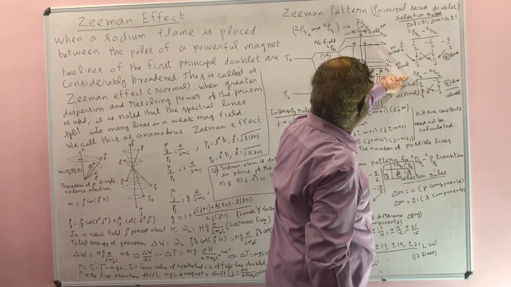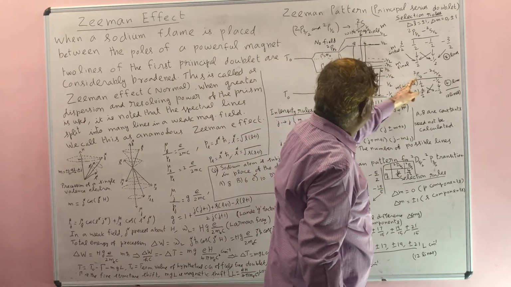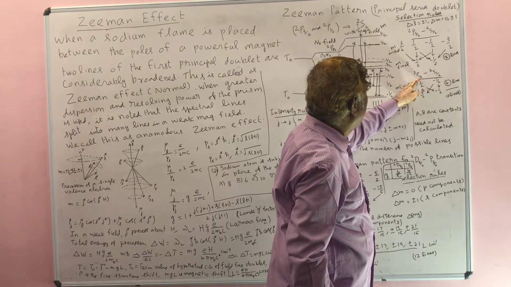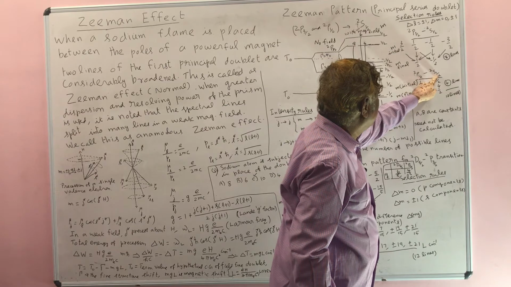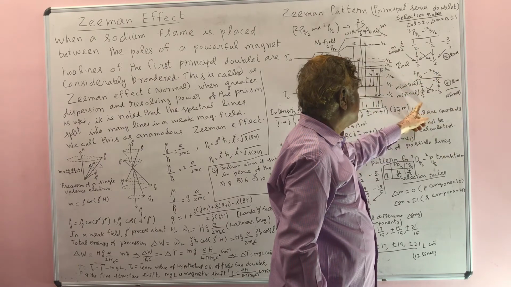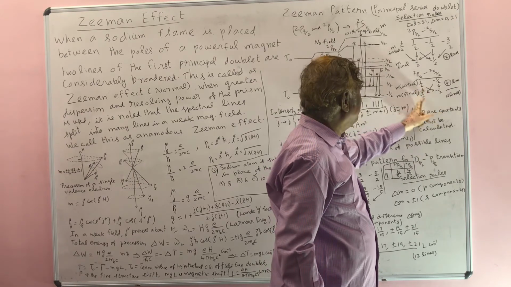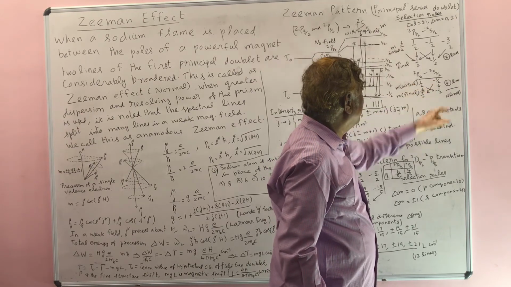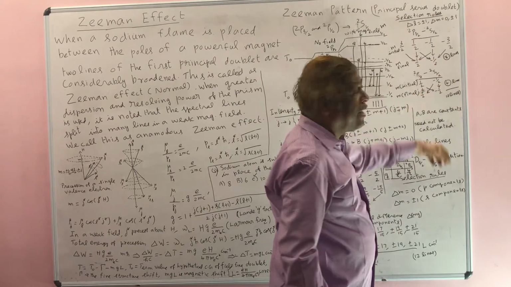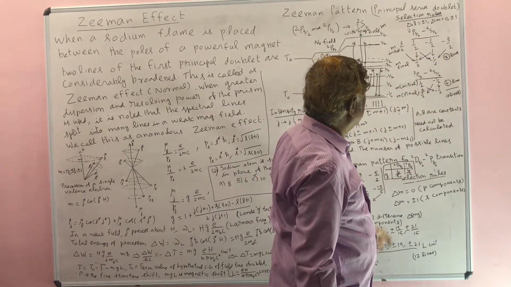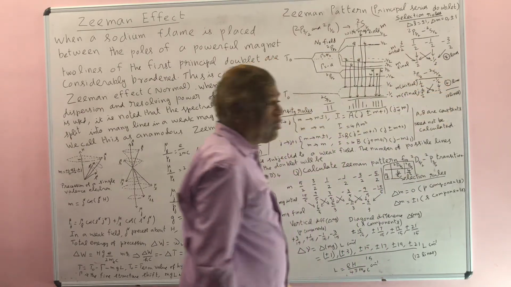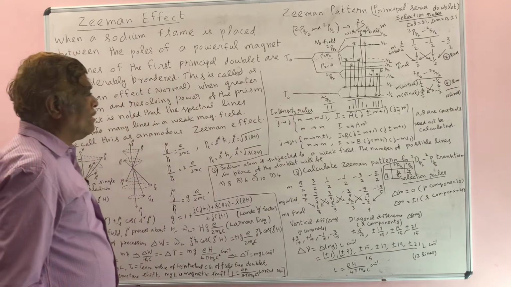Now consider the 2p 1/2 to 2s 1/2 transition. Since J is half, M is plus half or minus half for both. You draw the vertical lines as well as the diagonal lines. The vertical lines represent delta M equal to 0, and the diagonal lines represent delta M equal to plus or minus 1. So you are getting 4 lines. So 6 plus 4 is equal to 10. You are getting 10 lines.